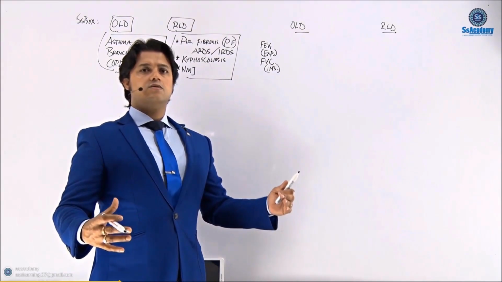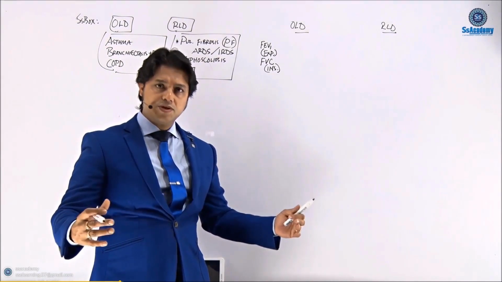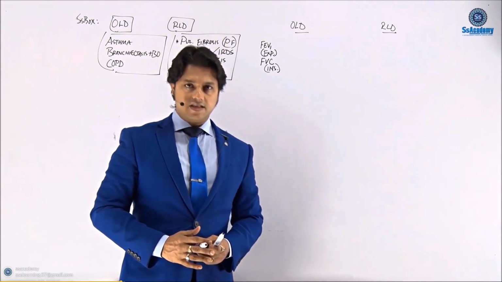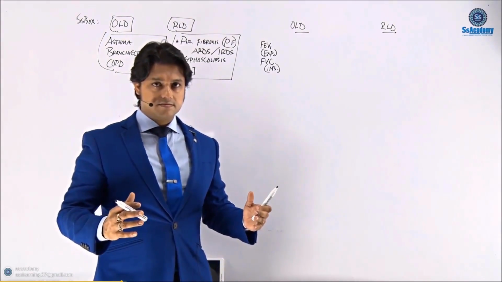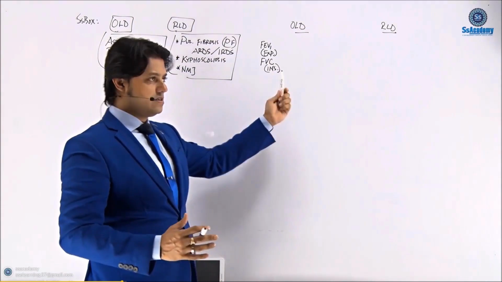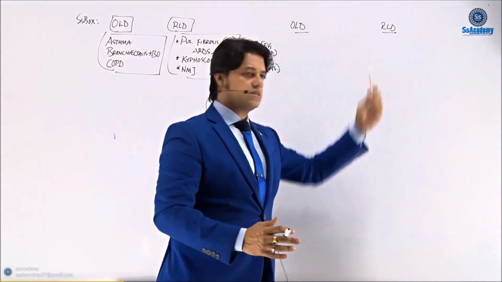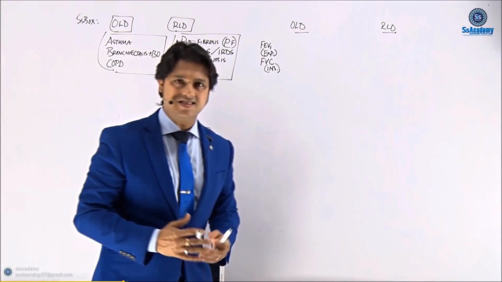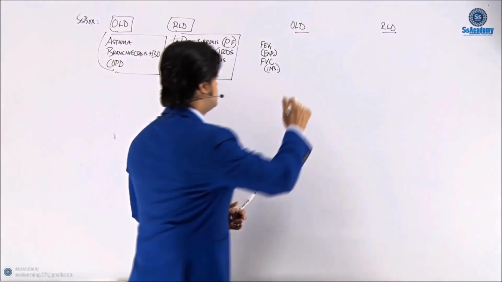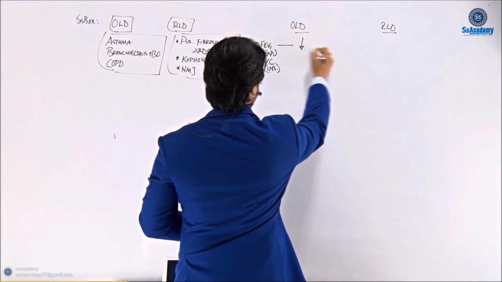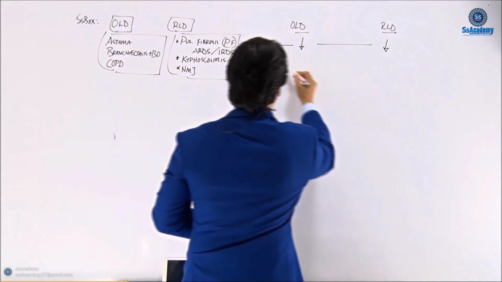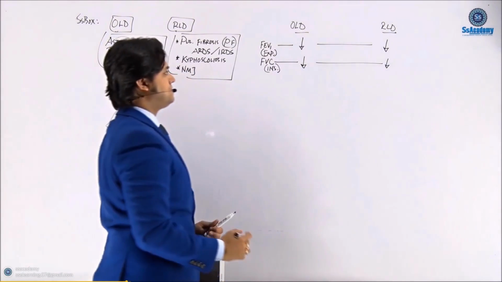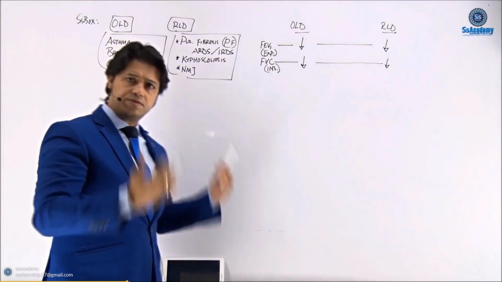Expiratory means FEV1, inspiratory means FVC. Of course, both of these functions will be reduced in both cases. I hope you are getting me. Both will be reduced.